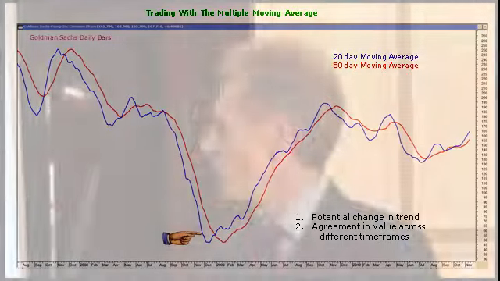Now, this is very important because the stock market, or any market at all, is always in a state of chaos. Any market really is an agreement on price but a disagreement in value. If that wasn't the case, there'd be no market, because why would you buy something that's fairly valued and why would somebody sell you the same thing? So when we see an agreement on price and value, volatility drops off.